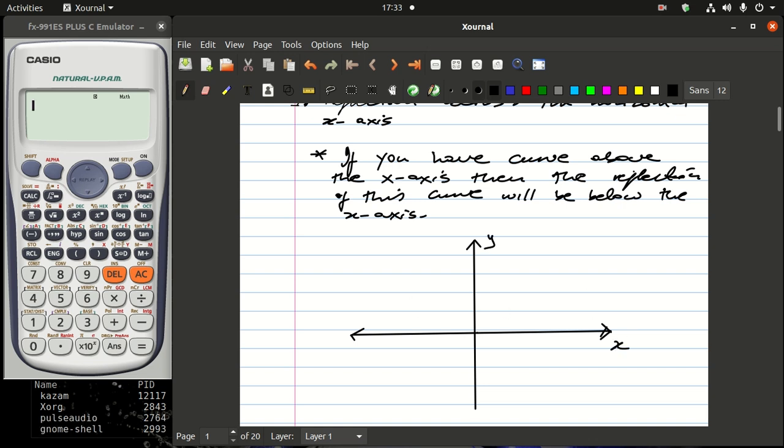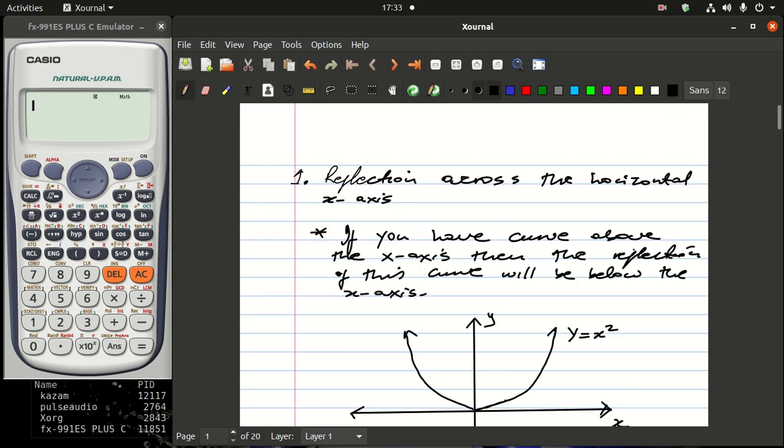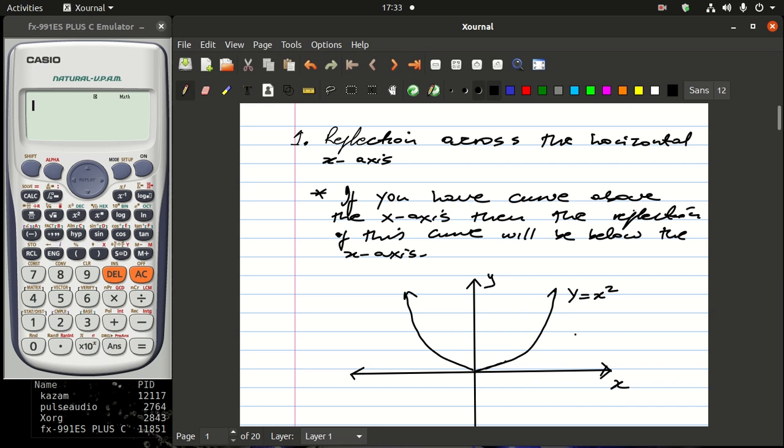Suppose that we have this curve here, and this curve is y is equal to x squared. And now we want to find the reflection of this curve across the horizontal x-axis.